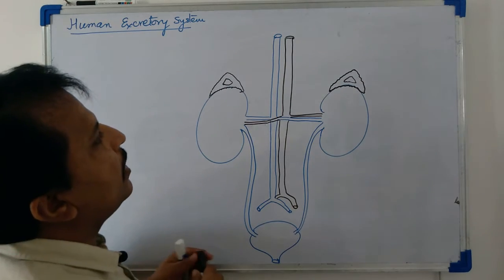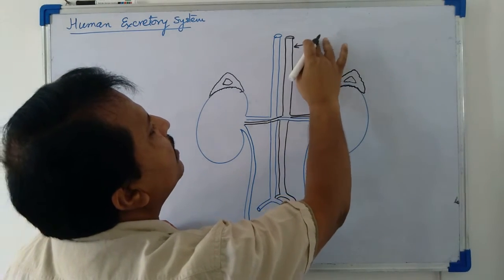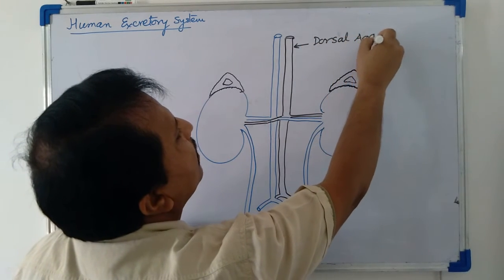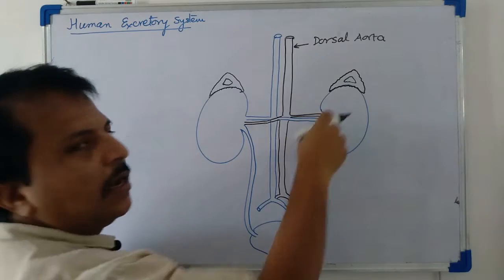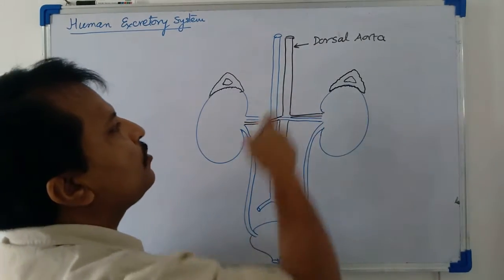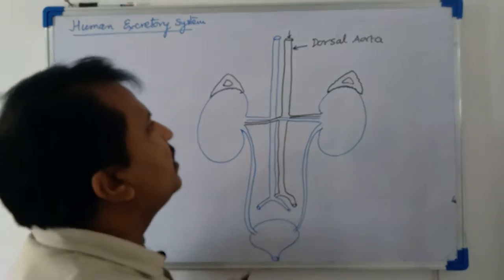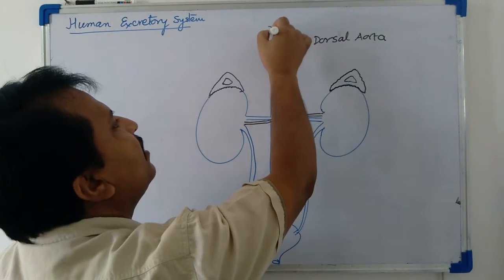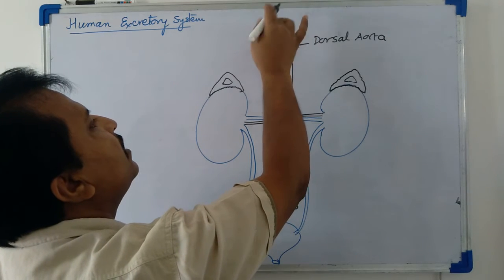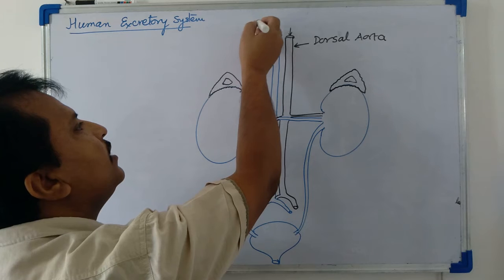This is the aorta, or we can say the dorsal aorta, and it brings the blood up to the different nephrons of the kidney. And this is the inferior vena cava, which takes the filtered blood away to the heart.